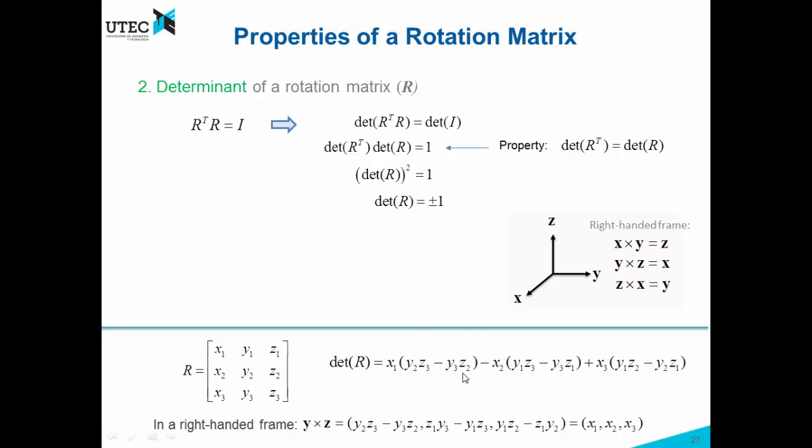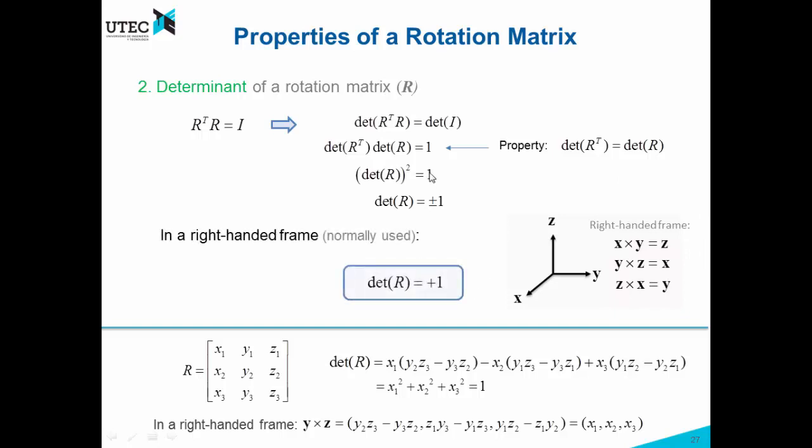And then I can replace this back here, and I will get x1 squared plus x2 squared plus x3 squared equals 1. So by using these properties of the right-handed frame, the result is 1. So at the end, the determinant is only plus 1, not minus, only plus.